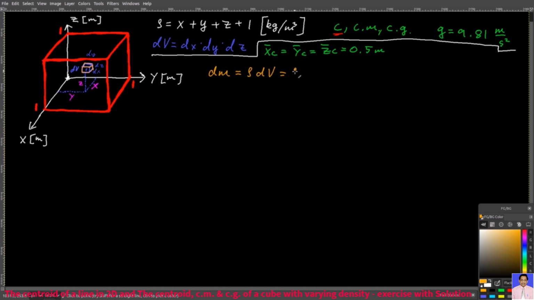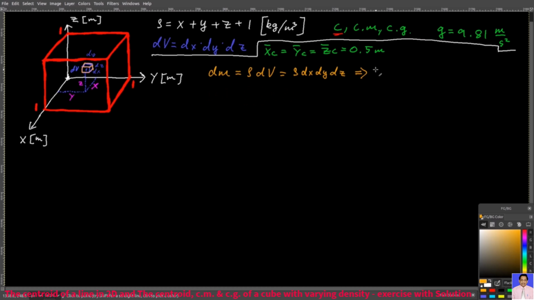Alternatively, you can write it like this: the density times dx times dy times dz. It also makes sense in terms of units. This is for the density, and then the volume has meters cubed. You cancel out meters cubed, and your dm has kilograms, so it makes sense.